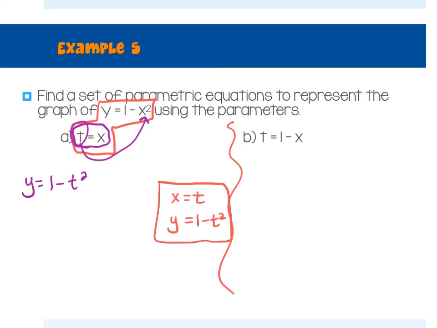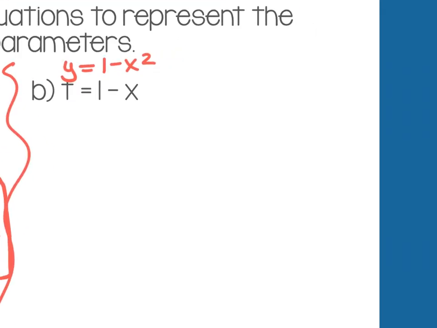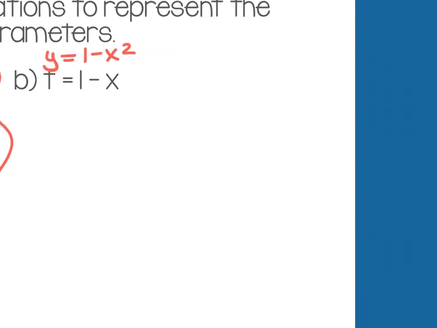All right, second equation, same initial equation. So we're saying y equals 1 minus x squared, and t equals 1 minus x. I need two equations at the end, one x equals, one y equals, and they both have to have a t in them. So go back to the ones that they give you, identify which one has a t in it, which again, this time is the x. And I'm going to solve it for x.